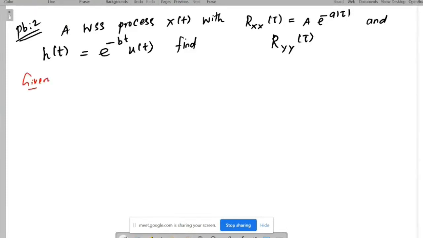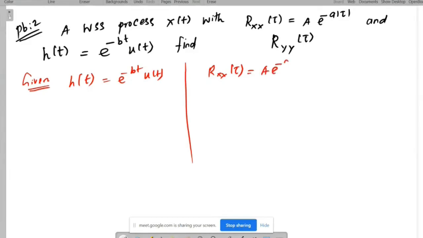Given that h of t equal to e power minus bt u of t. Next one is R_xx of tau equal to a e power minus a modulus tau. So you want to find S_yy of omega. If you want to find, you know the formula: modulus H of omega whole square times S_xx of omega.